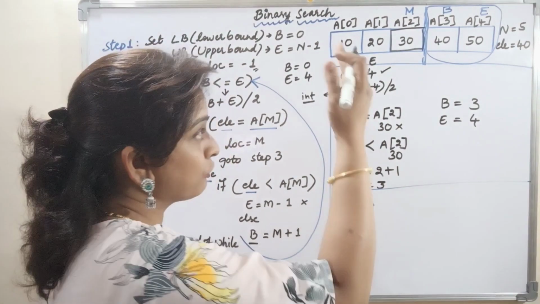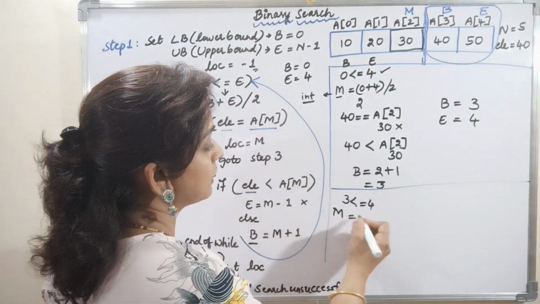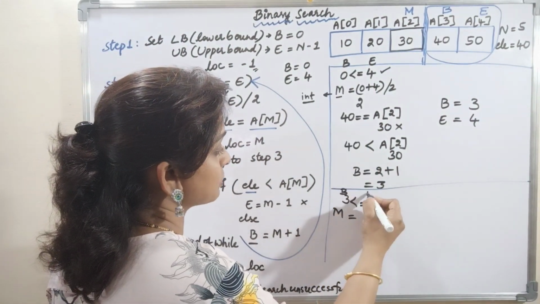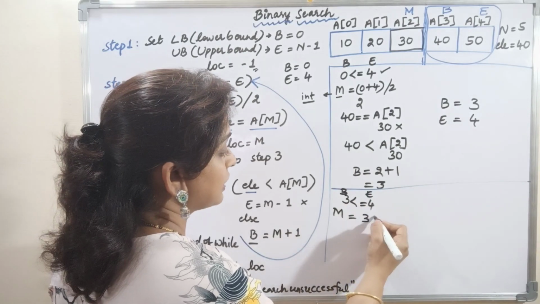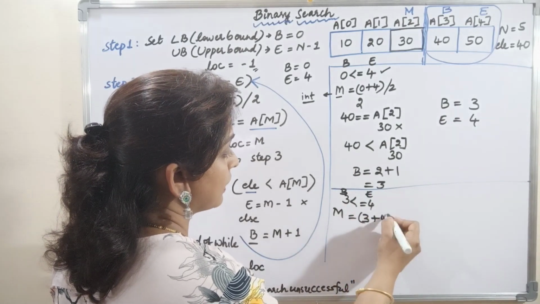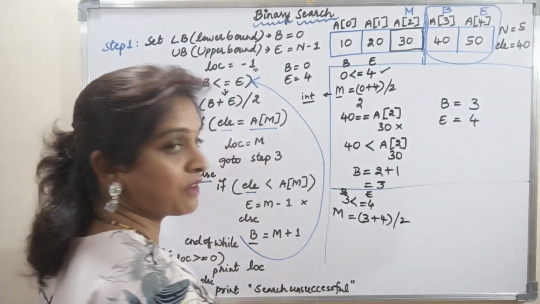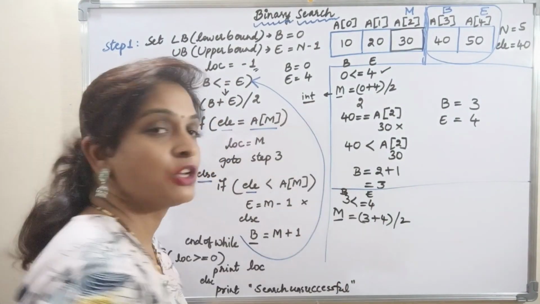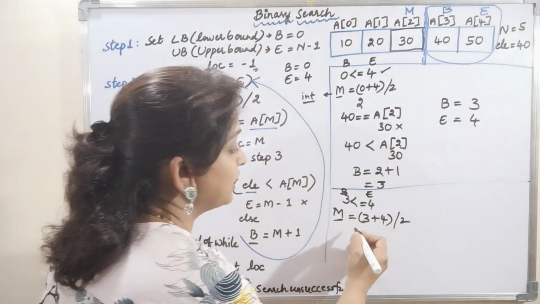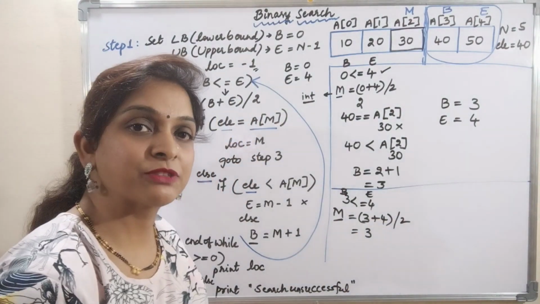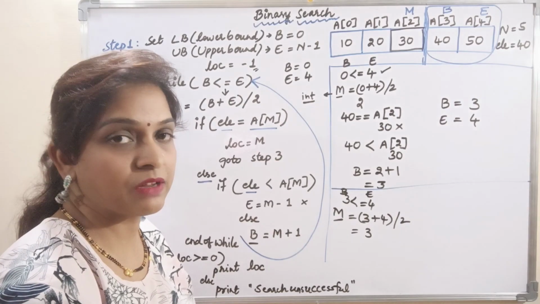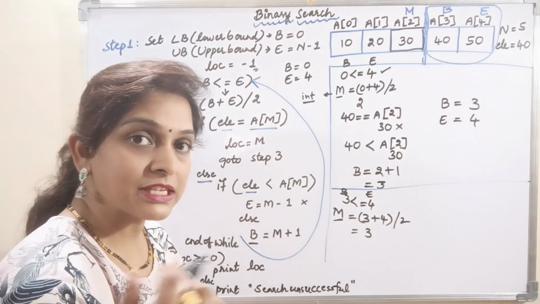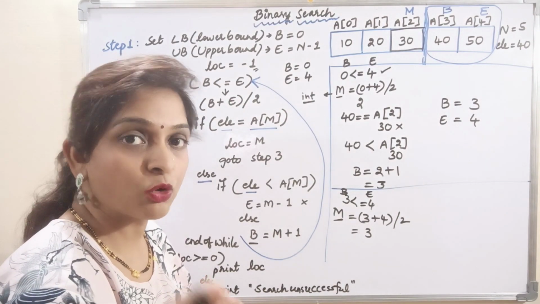So here I need to find the mid position. I say mid equal to, this is the beginning, this is the ending. So it is 3 plus 4 divided by 2. It is 7 divided by 2. As I said, mid is of integer type. So it is 3.5, it will take only 3. As mid is of integer type, it will take only the whole part.